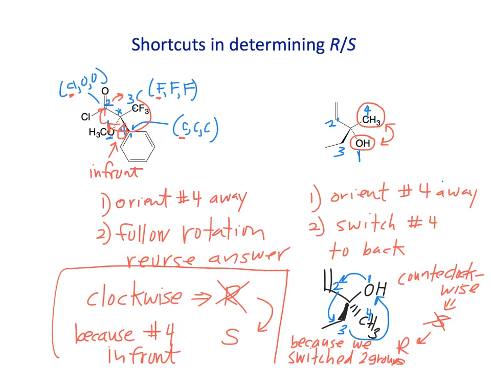All right, so in these examples we've seen how we can classify stereogenic centers as either R or S.